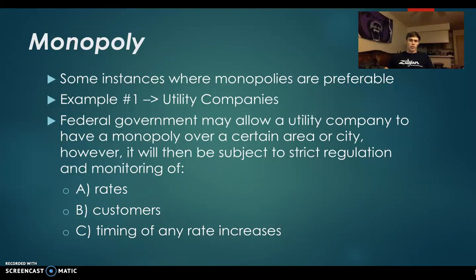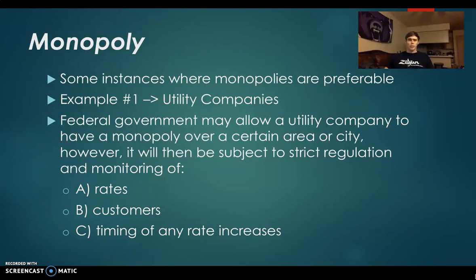Sometimes a federal or local government might come out and say, hey, we're going to allow you to have a monopoly over a particular area or a town. The reason for this is, imagine if there were multiple electric companies, for instance, competing in one area. There'd be utility poles and power lines everywhere, and it would just be a mess.